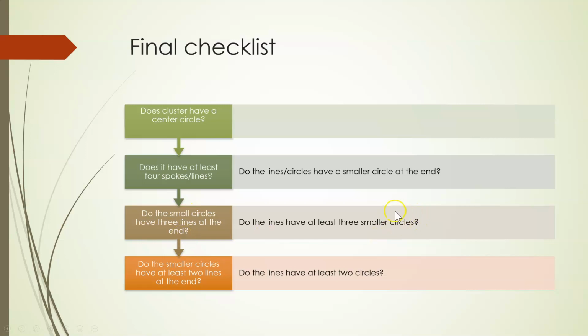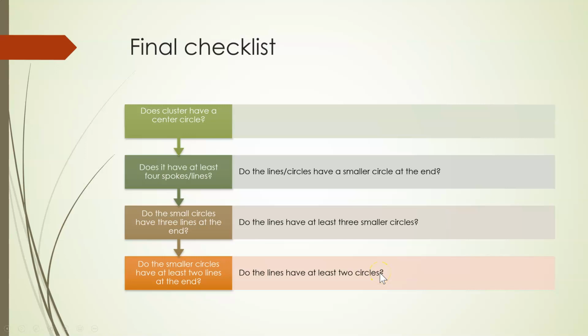And these lines also need to have 3 smaller circles at the very end. Those are your subpoints. And then finally, do these 3 circles have 2 lines at the end of each? And do those lines have at least 2 circles at the very end? And these final circles are your examples in your cluster.